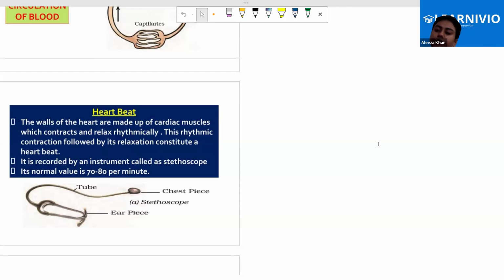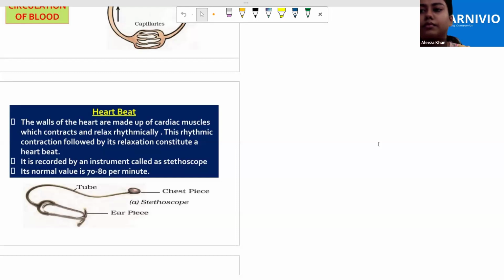There is an aortic valve between the left ventricle and aorta, and a pulmonary valve between the right ventricle and pulmonary vein. Yes, there are two more valves. In total, how many valves are there, Mantasha?